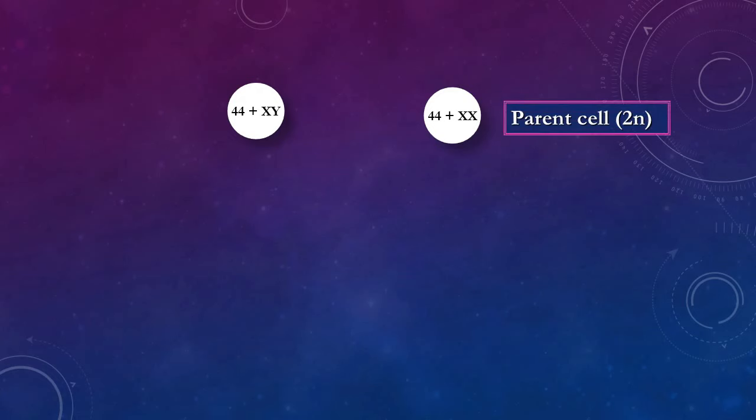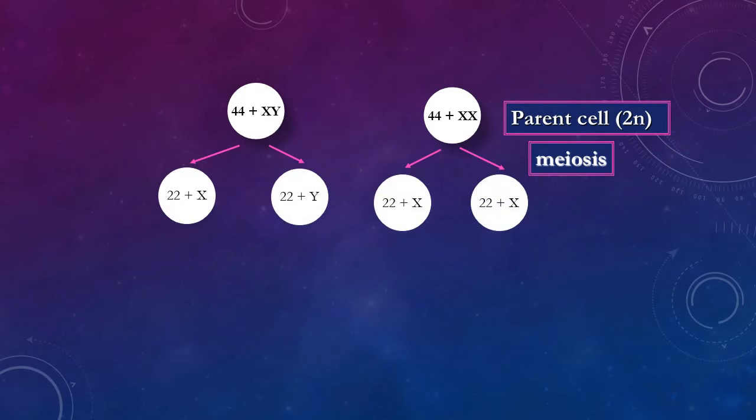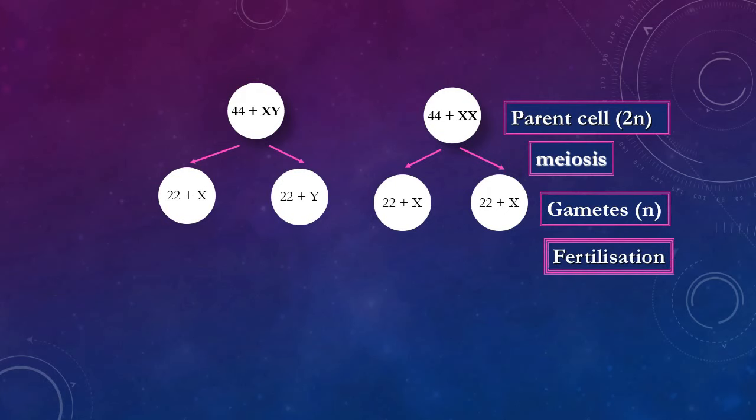These are parent cells, which are diploid. During meiosis, they produce haploid gametes, which contain half the number of chromosomes of the parent cell: 22 plus X, 22 plus Y for male, 22 plus X for female. They are haploid gametes.